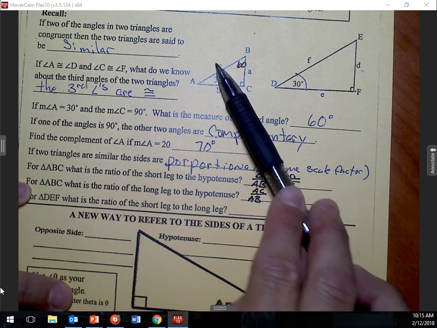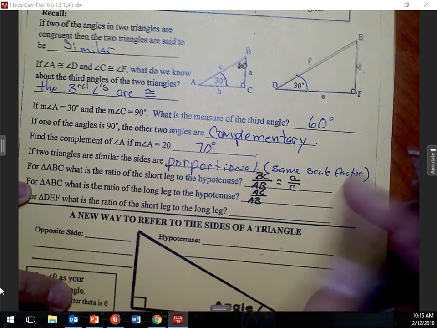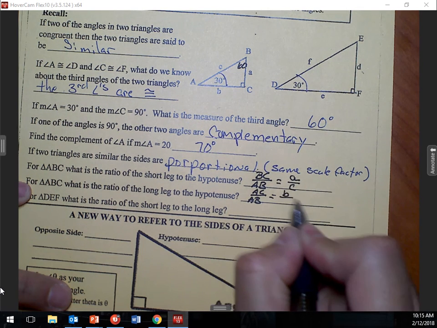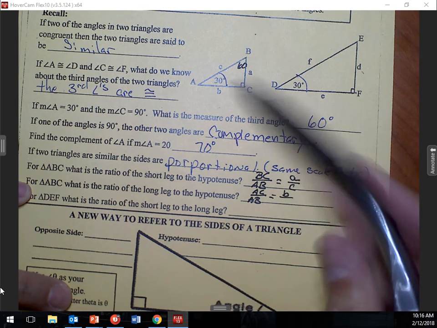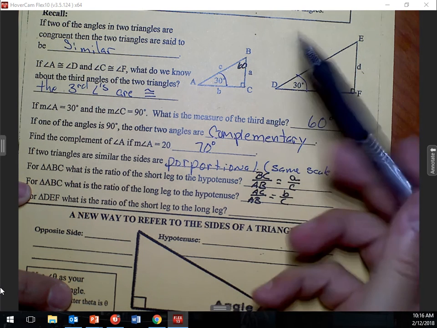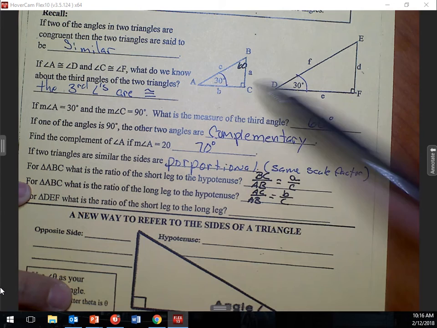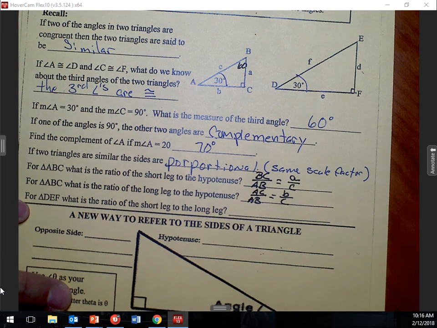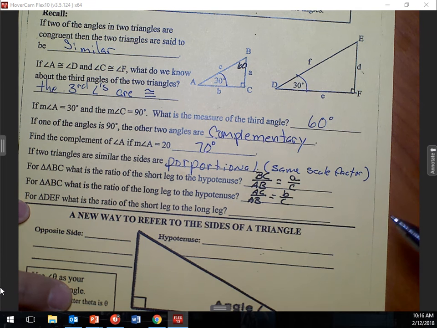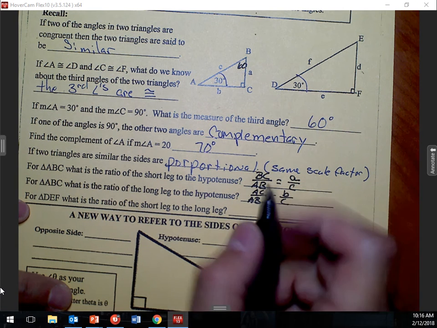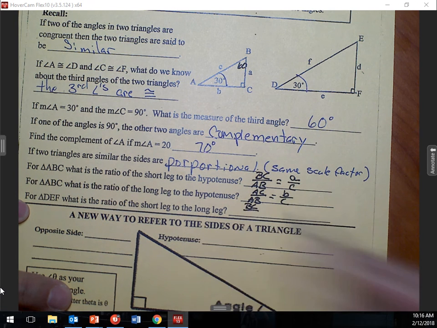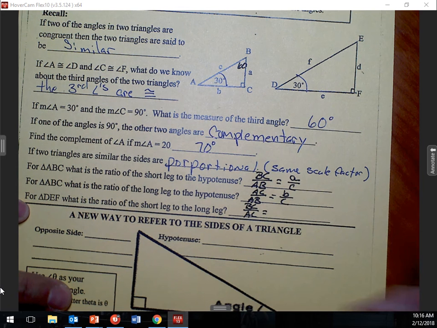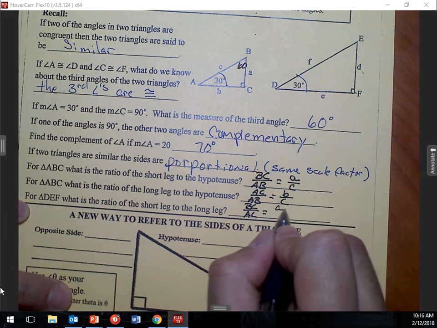So I would rewrite that as B over C. What is the ratio of the short leg to the long leg? The short leg was BC, the long leg AC, and I would write that also as A over B.